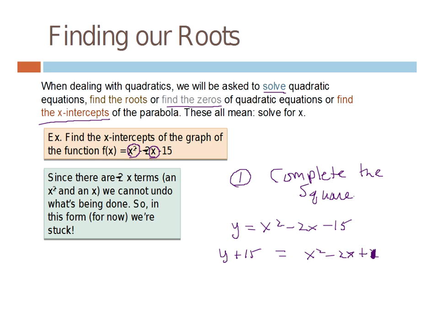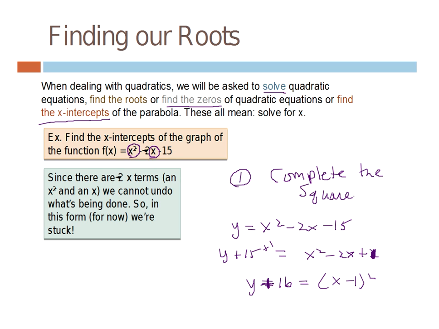Negative 2 divided by 2 is negative 1, and negative 1 squared is 1. And so what I have here is y plus 16 equals x minus 1 all squared.